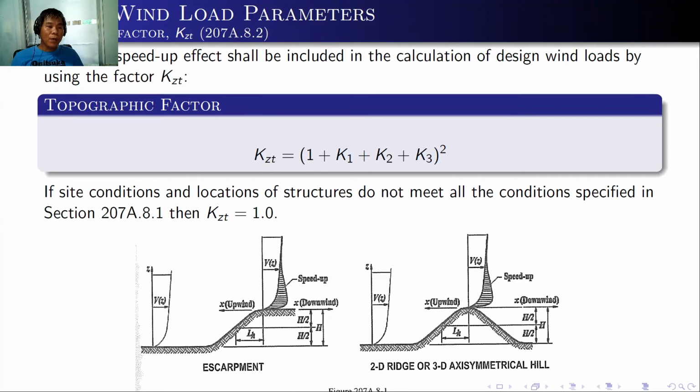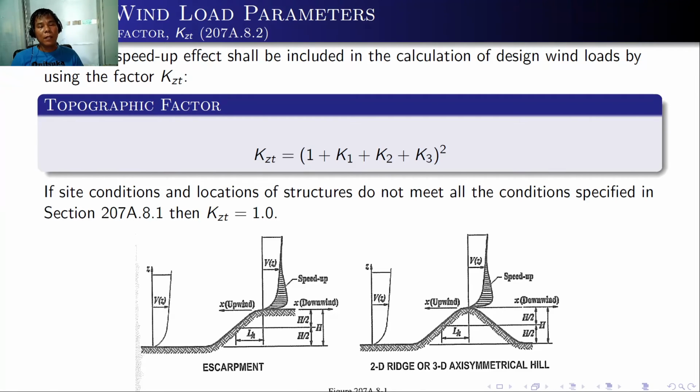Also, we have the topographic factor Kzt. The wind speed-up effect shall be included in the calculation of design wind loads by using the factor Kzt, using this equation: Kzt is equal to (1 + K1 K2 K3) to the power 2.